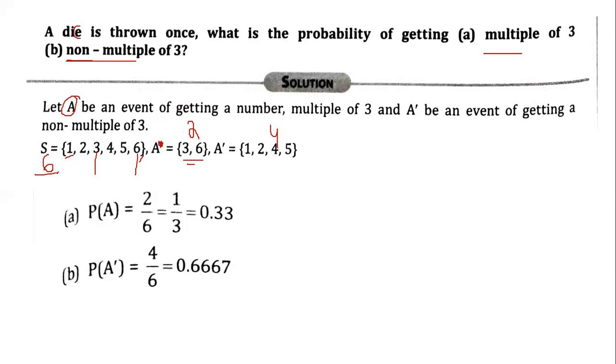Now coming to the second one, the probability of getting a non-multiple of 3: there are 4 numbers under non-multiple of 3, and out of 6, 4 numbers are non-multiples of 3. So 4 by 6, which is nothing but 0.6667.